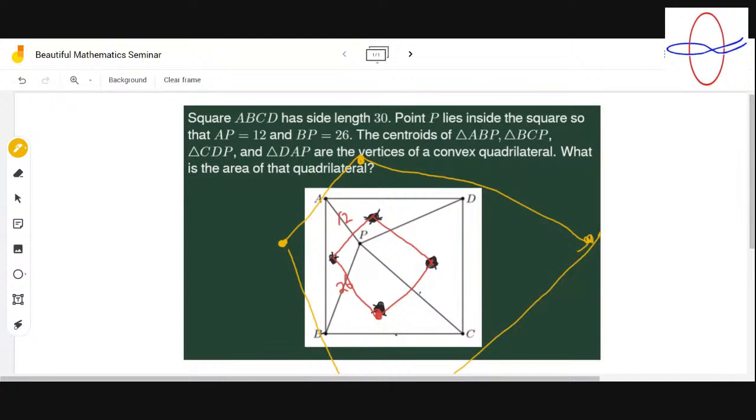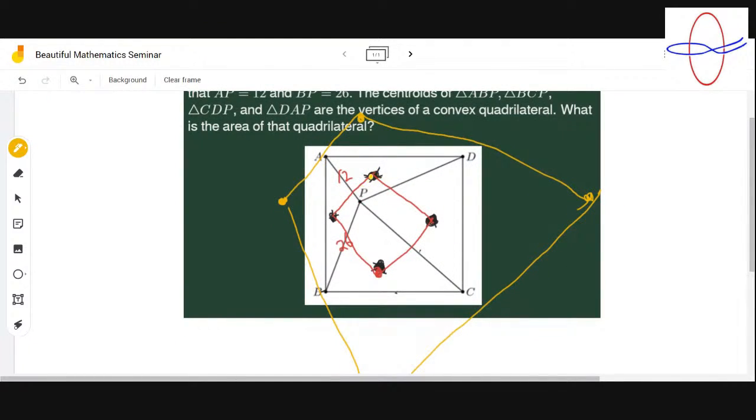How to approach after this? Do you think this is similar to this? This is similar to the other quadrilateral. What do you think?